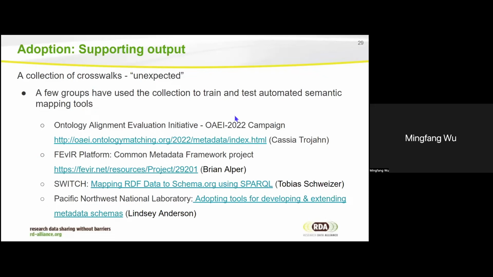A few groups have used this crosswalk collection to train and test automated semantic mapping tools. Here are 4 examples. You can follow the link to look at those examples.